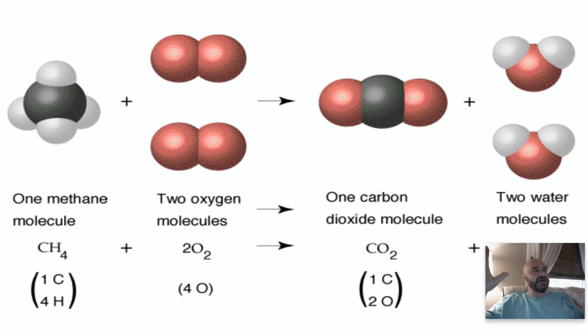Then, with all of these atoms hanging out, they're going to start reattaching into new and different substances. So this one carbon atom goes here. These two oxygen atoms got ripped apart and they got stuck on either side, creating a new carbon dioxide molecule that didn't exist before. And it's made out of these atoms over here after they got ripped apart.